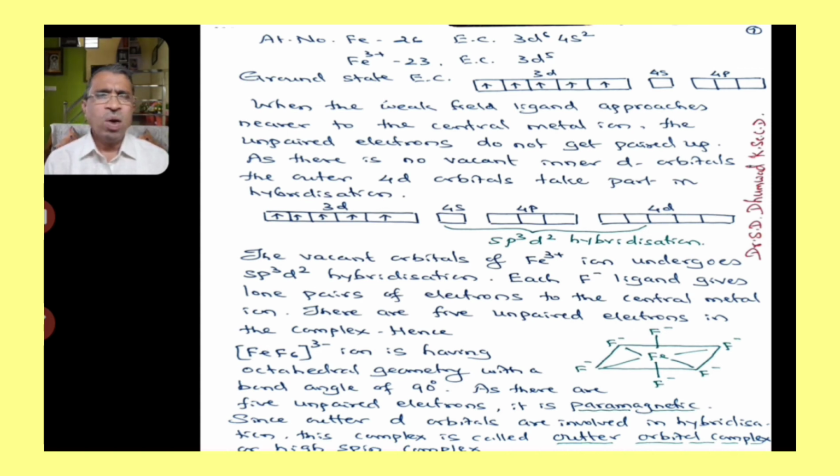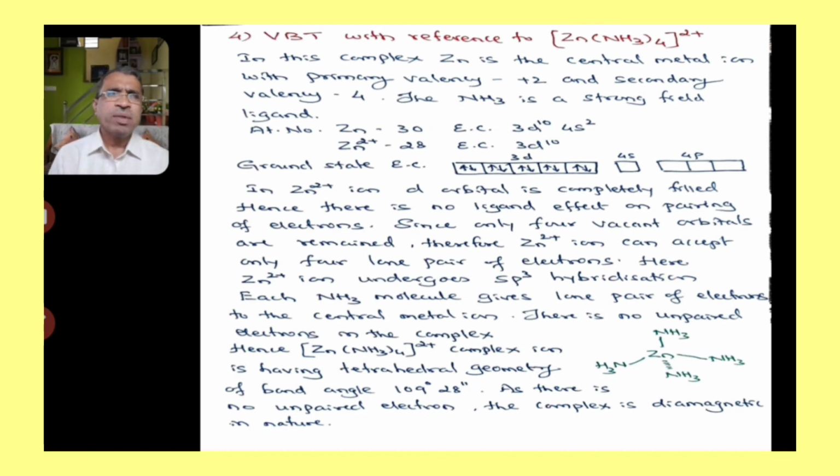Since outer d orbitals are involved in hybridization, this complex is called an outer orbital complex or high spin complex, because it contains unpaired electrons. Here we have 5 unpaired electrons. So this is the explanation of valence bond theory with complexes having coordination number 6.